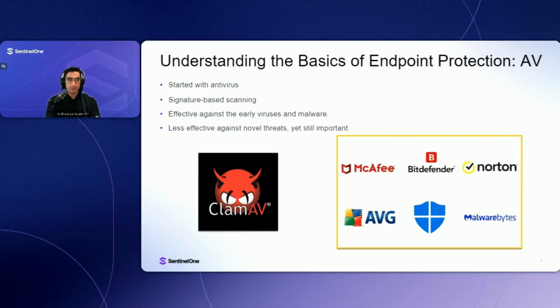AV was ideal for the early days of the internet when malware was nascent, and it's still applicable today for basic or really well-known attacks. However, AV does not constitute a full endpoint protection solution in the current threat landscape. Particularly lacking in detecting zero-day attacks or advanced persistent threats, AV just is not at the level that we need it to be to face the current threats.